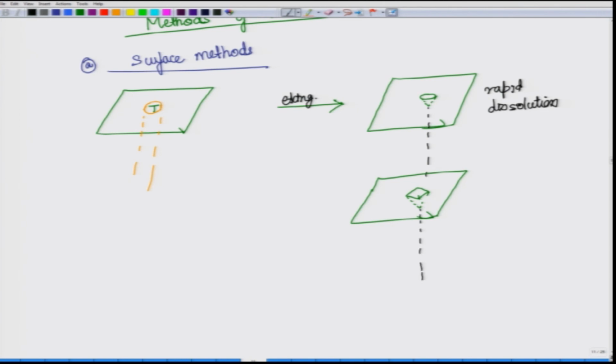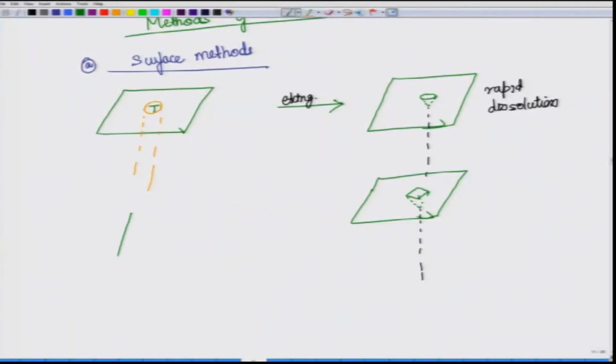So, over here it gets etched and you are able to see the end part, but if you allow it to etch for more and more time, it will keep etching deeper and deeper towards the bottom, because this is a highly strained region with high energy.